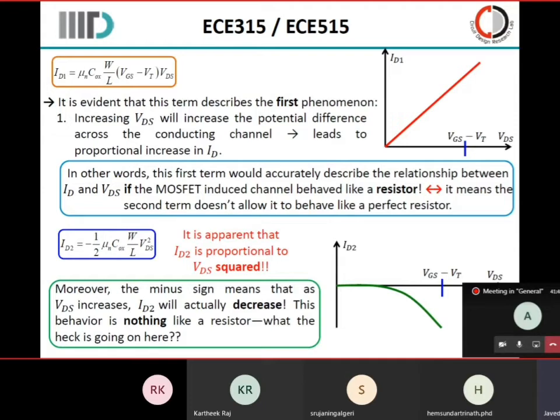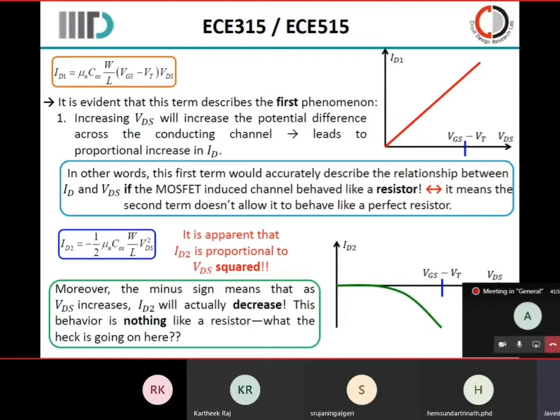So here, with smaller VDS values, the question that leads to is, till what point do you understand where it works and how do you progress?